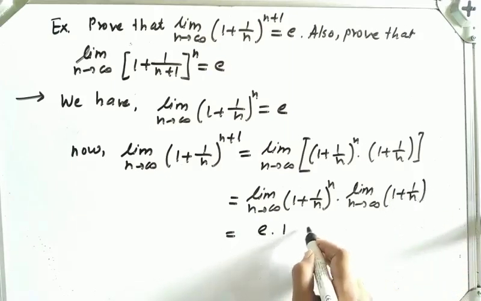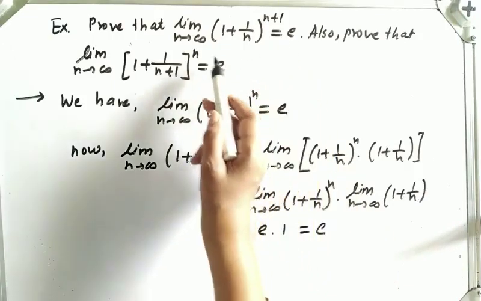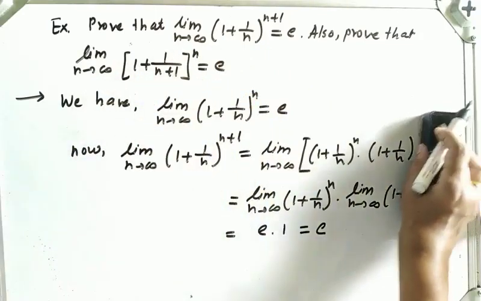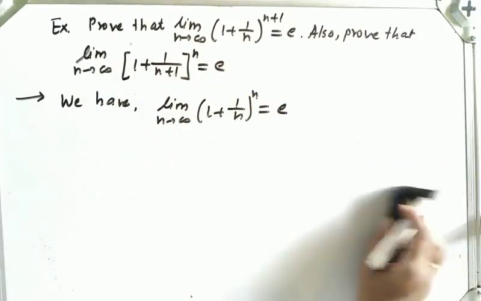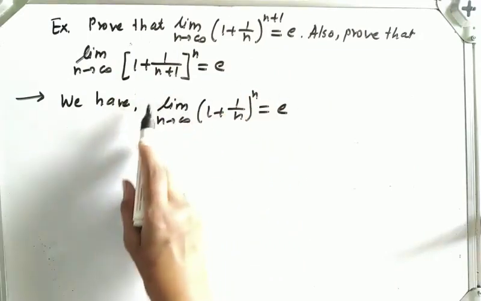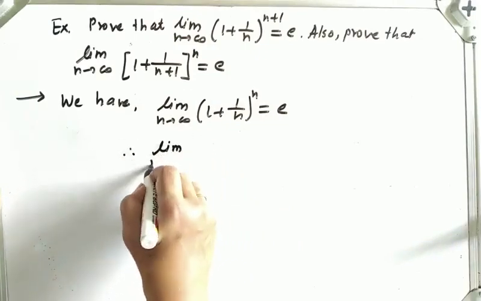So e into 1, that is equal to e. Okay. So we prove this part. Next we have to prove this. So for that we again write, we have this theorem, we have this property. Therefore from this property we can write limit n tends to infinity.